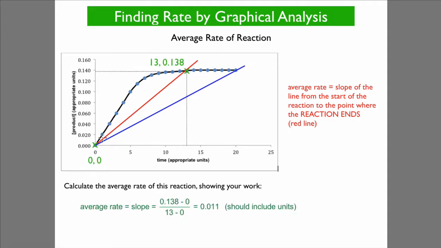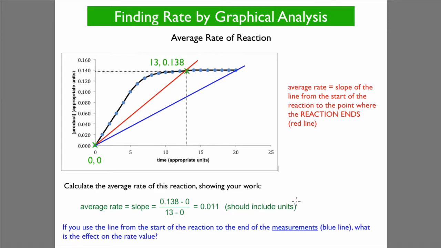You put in the numbers and you can see that the change in y is 0.138 minus 0, and time is about 13 minus 0, and you can do the math. Obviously if we had units here, we'd put the units in. What would happen if you used the line from the start of the reaction here to the very end here?